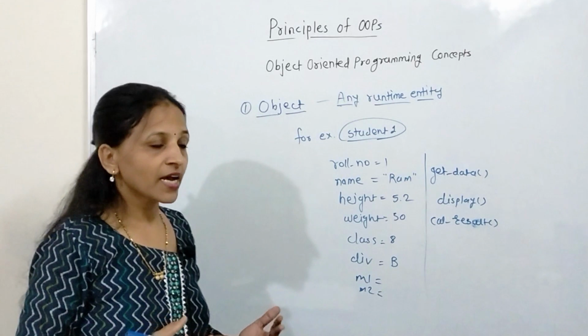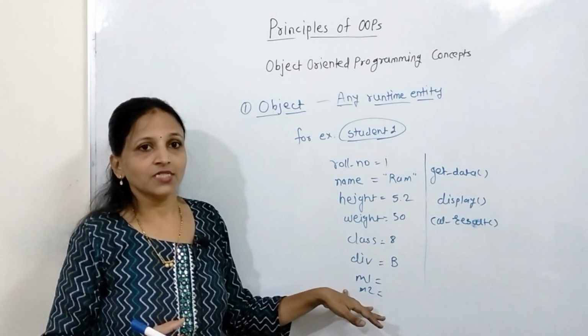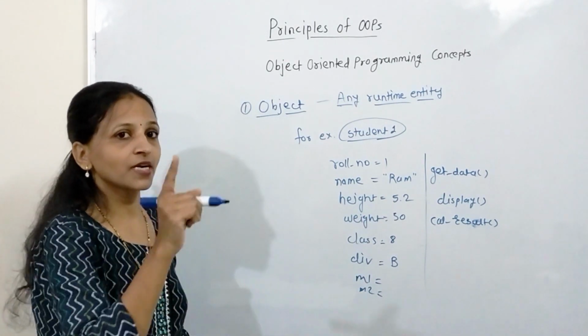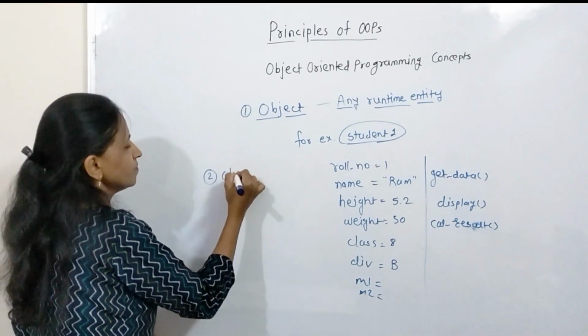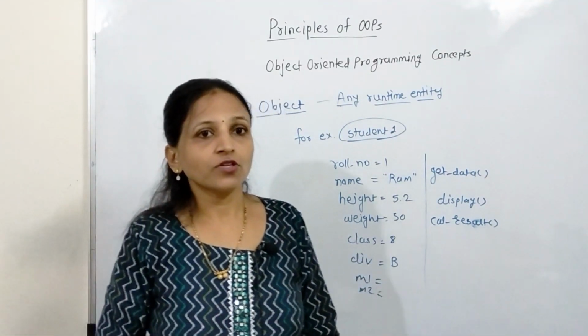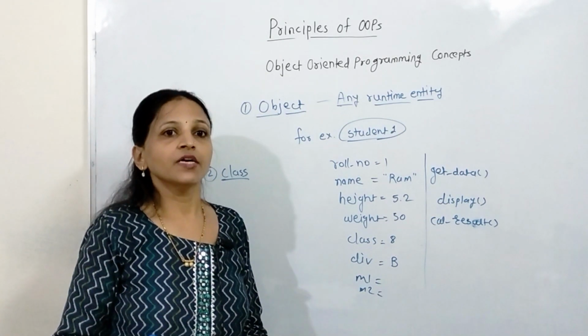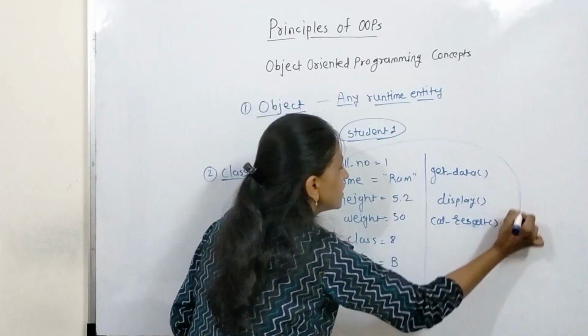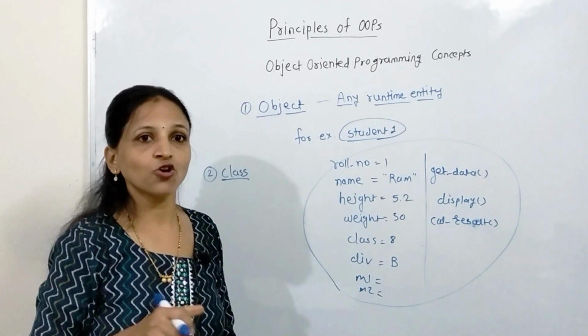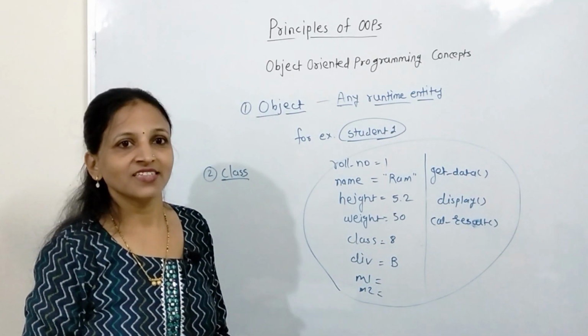But here inside C++ there is one more concept, that is class. Using this class concept we can create one data type that can represent object of any kind. Getting?